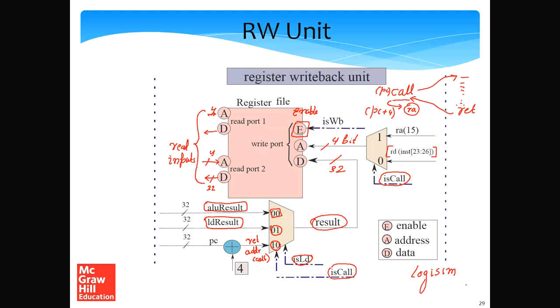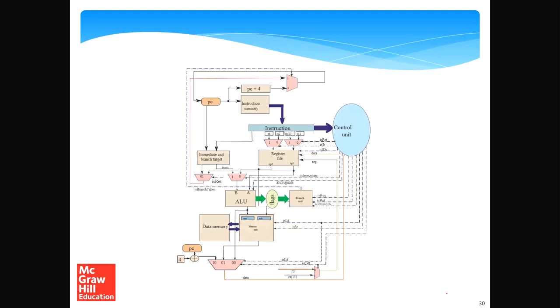Everything that is shown has just to be entered into Logisim, and Logisim has good support for drag and drop elements, so it is possible to design multiplexers and so on. That is one option, and those who know hardware description languages such as Verilog and VHDL can also implement it. You will find a Logisim model of this processor and a Verilog and VHDL model of this processor on the course website, and that can be a good starting point.